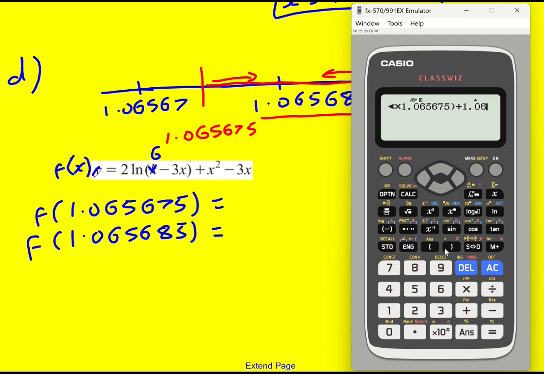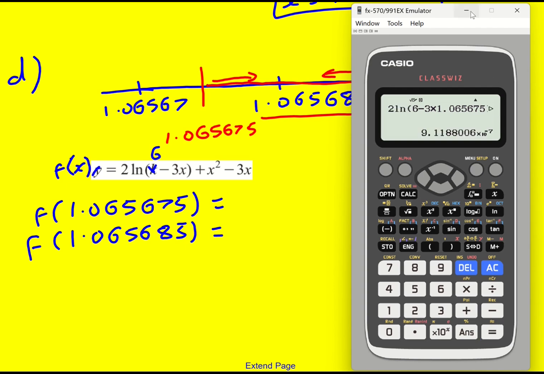Okay, maybe I should have just said answer equals so I didn't have to type it in twice. But I can also very easily adjust this one the second time around, or 3 times. Okay, hopefully I've typed that in right.